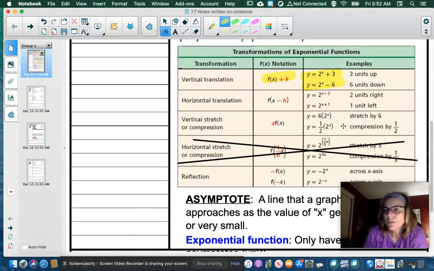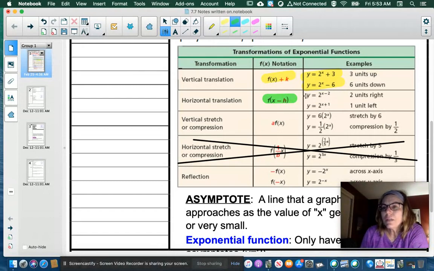Here, down 6. A horizontal translation means, if you look over here, remember if it's x minus something, that's moving to the right, x plus something moving to the left. Remember, it's always opposite of what you think. So here's the trick.